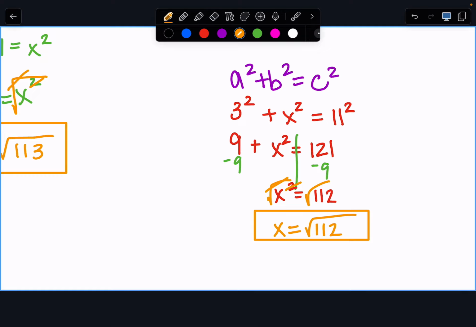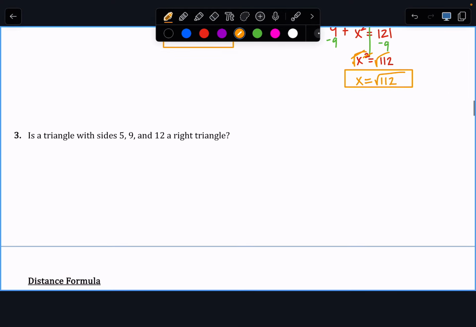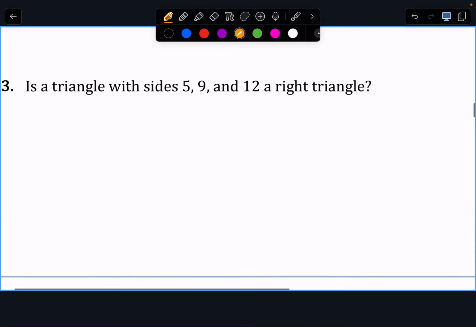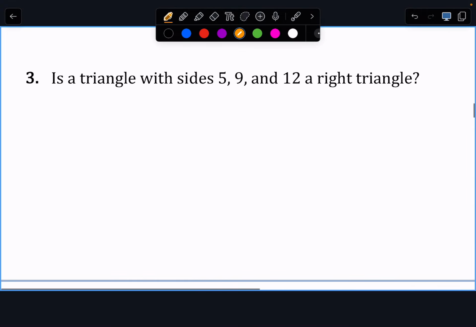Okay. Now, what if I said, is this a right triangle if my sides are 5, 9, and 12? Hey, remember we're working with the Pythagorean theorem? Which one would C be?